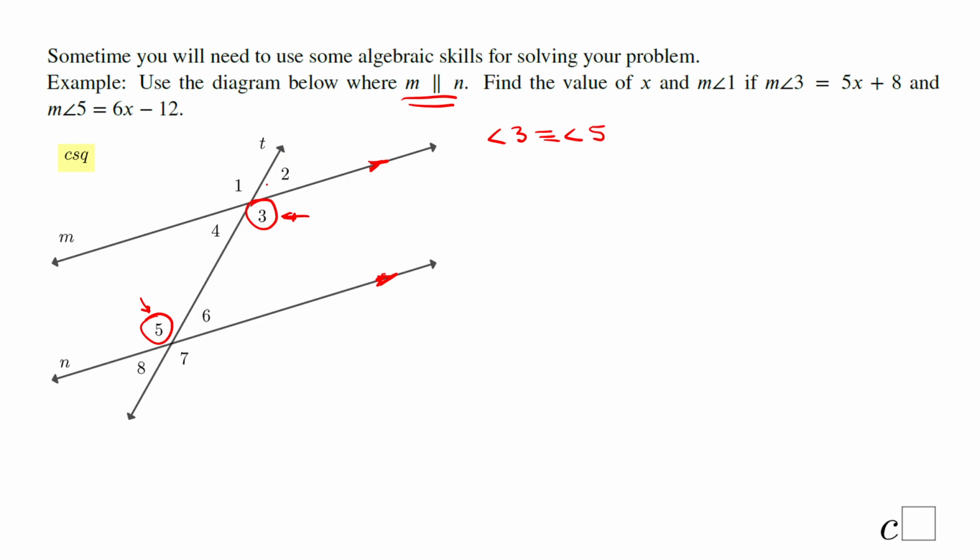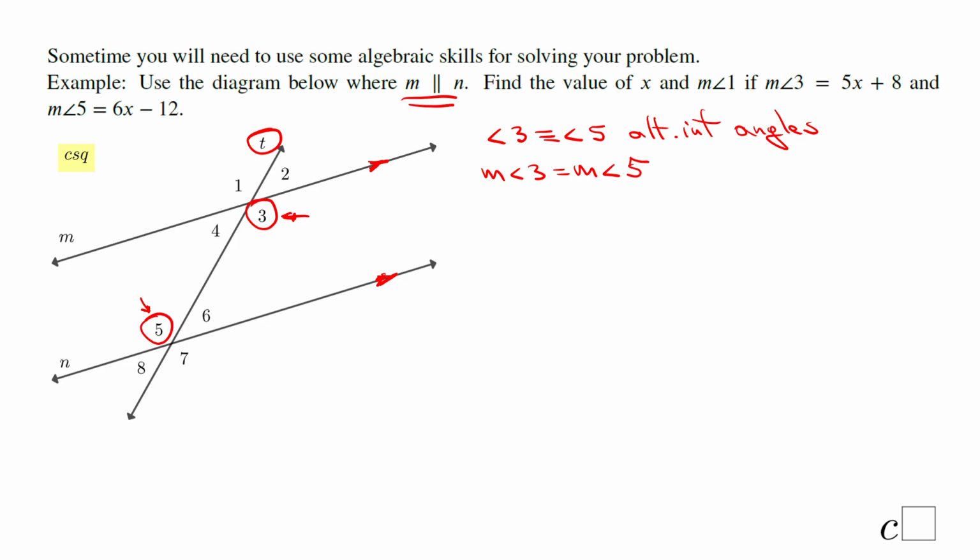They are between M and N. And by the way, again, the letter T helps us here. This is the transversal. And 1 on one side, 3 on the right side, 5 on the left side of the transversal T. So those are alternate interior angles. That means simply the measure of angle 3 equals the measure of angle 5.